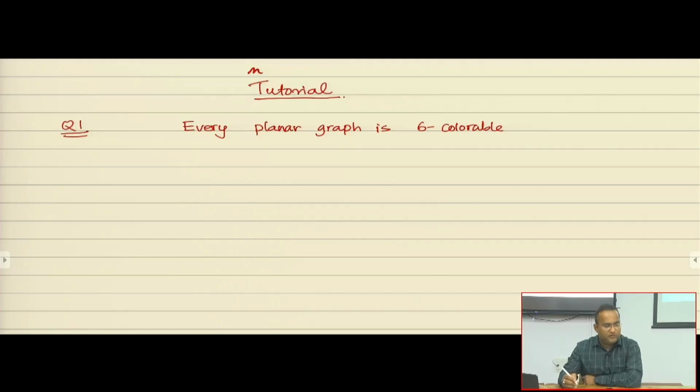Can we get a proof? We know planar graphs are 4 colorable also, but we want to see whether we can get a 6 coloring of a planar graph.